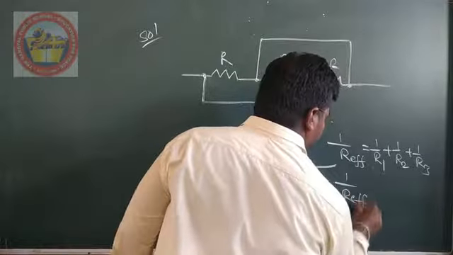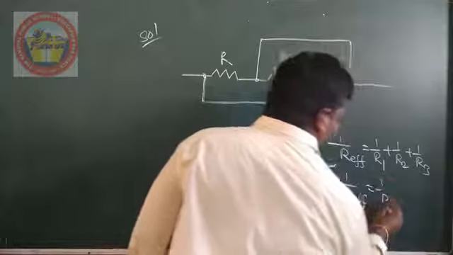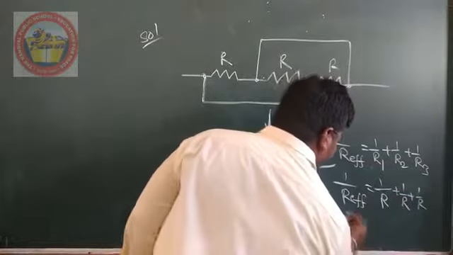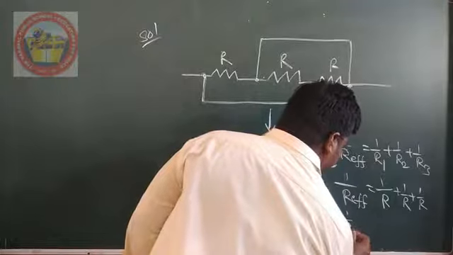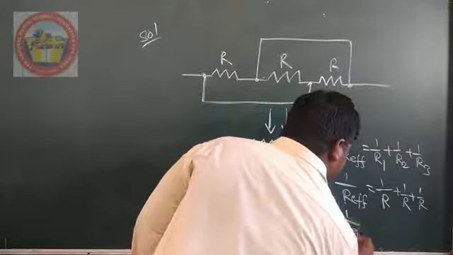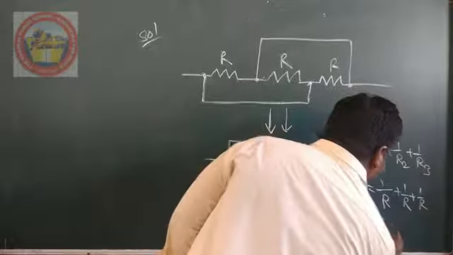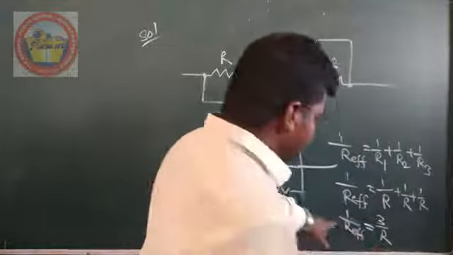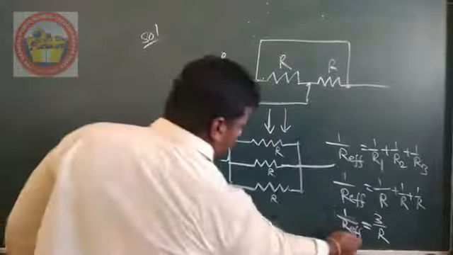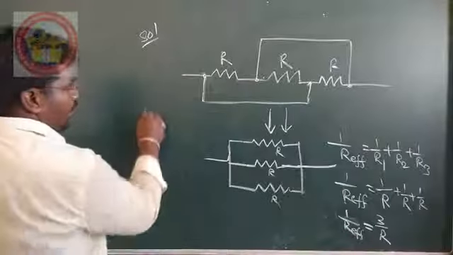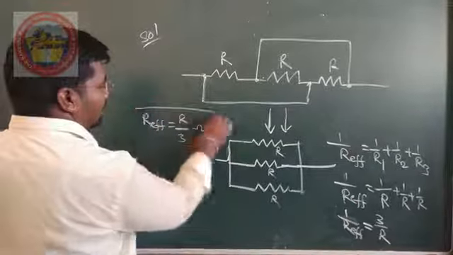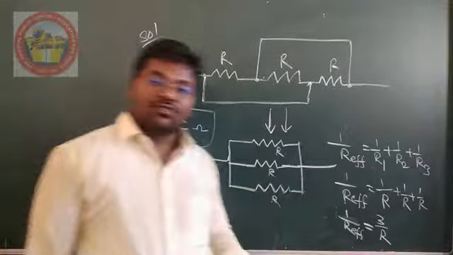So 1 by R effective is equal to 1 by R plus 1 by R plus 1 by R, which is 3 by R. We need to find R effective, not 1 by R effective, so R effective is equal to R by 3 ohms. Be careful, it is very important.